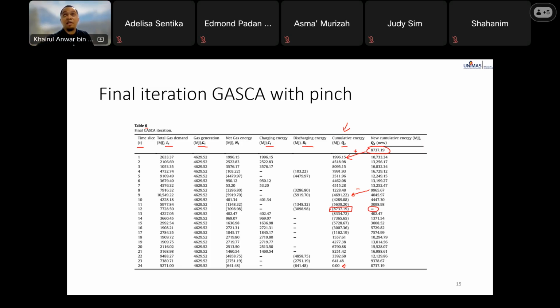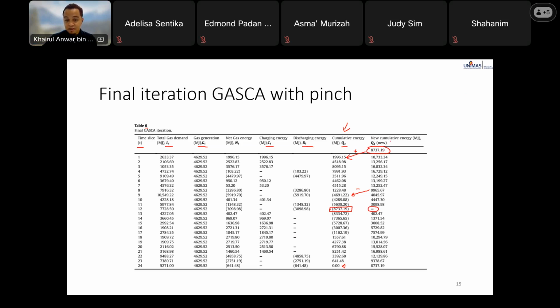When we try to find the pinch point, we find the largest negative value. So in this case, 737 becomes the new Q initial now.